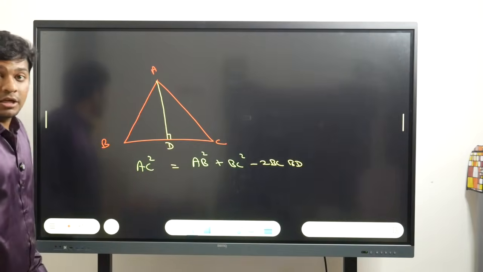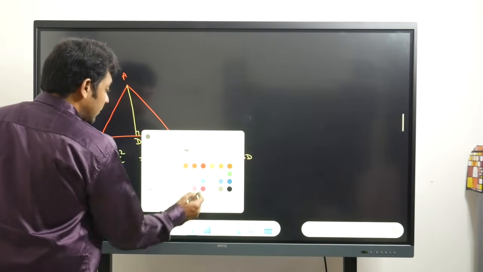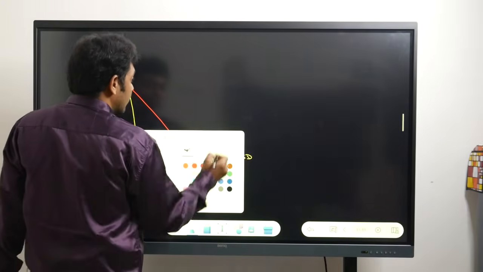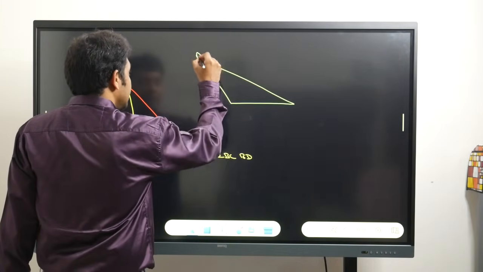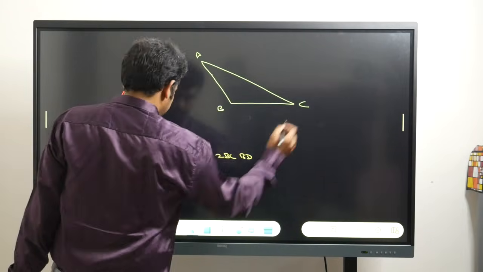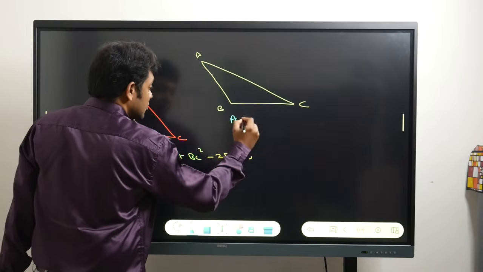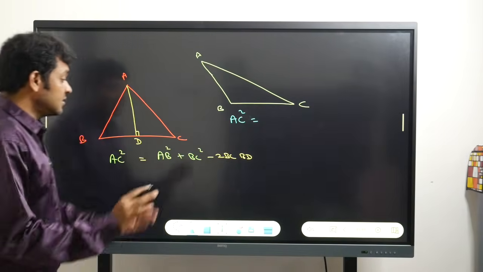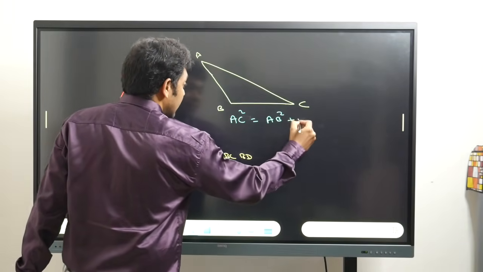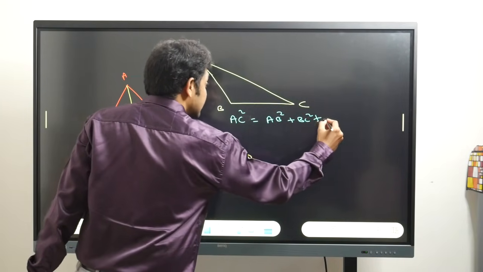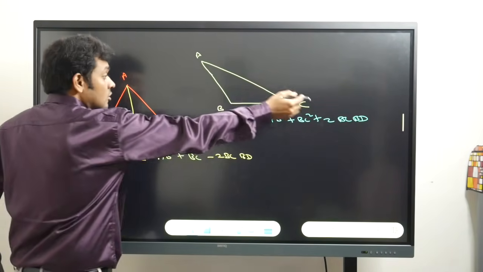Similarly, if I apply the same thing to an obtuse angle triangle ABC, AC square is actually more. So AC square is AB square plus BC square plus 2 BC times BD. Now what is this D?